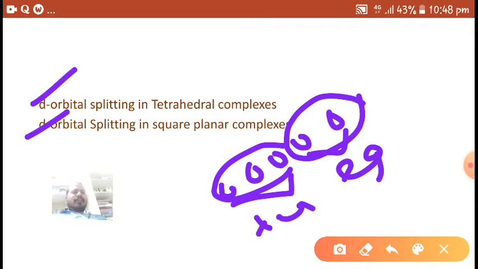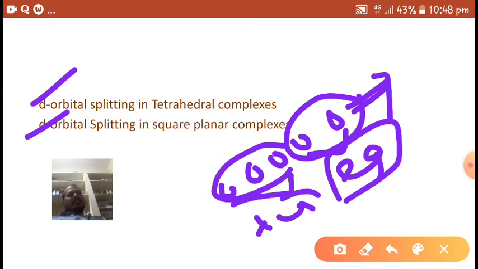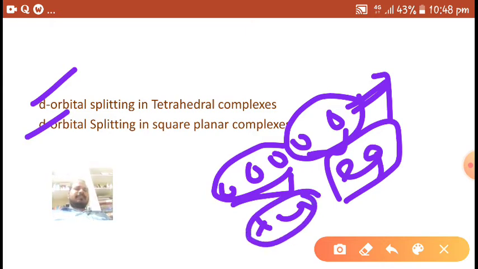The probability of finding electrons is high along the axis. These are Eg orbitals, and the remaining are T2g orbitals. They lie between the axes.